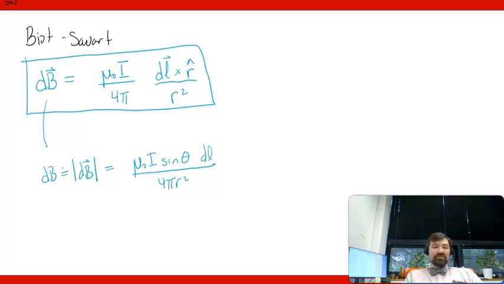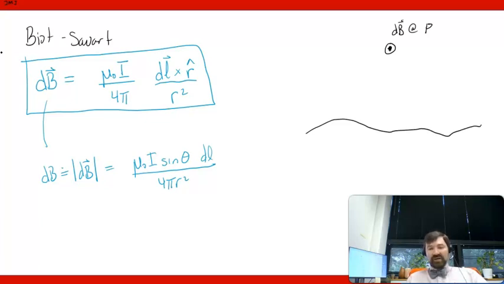Basically what we have to do is draw out an imaginary scenario. Let's say that I want to calculate dB at this location right here. We'll say this is dB at point P. Now let's say that we have down here some current, and the current could be a straight line, or it could be wiggling around.